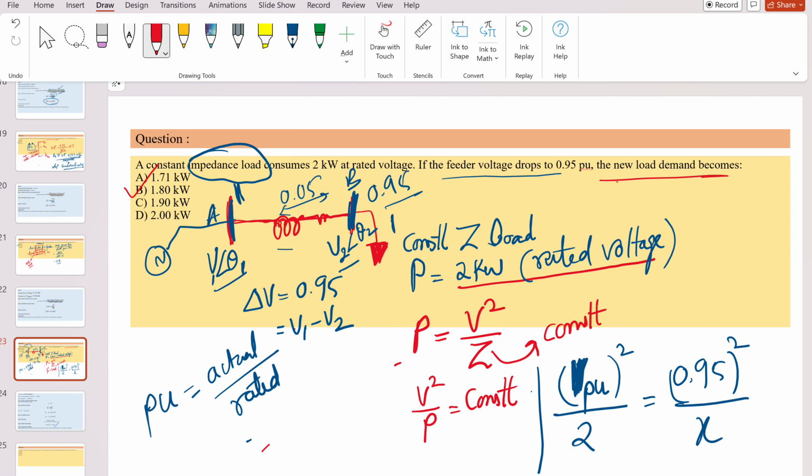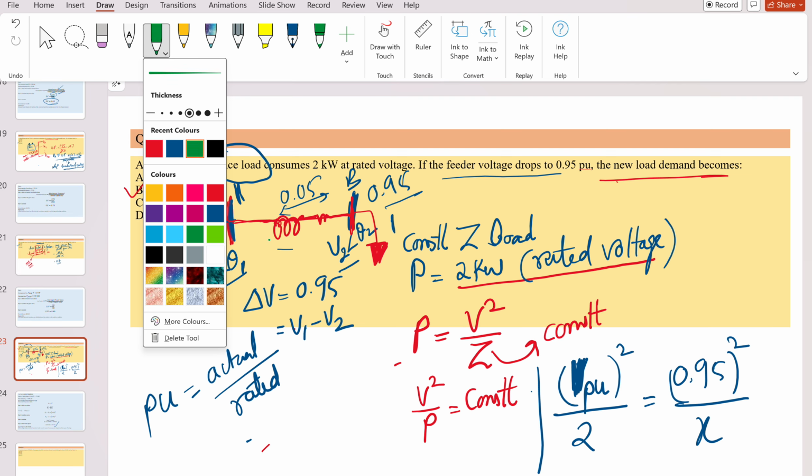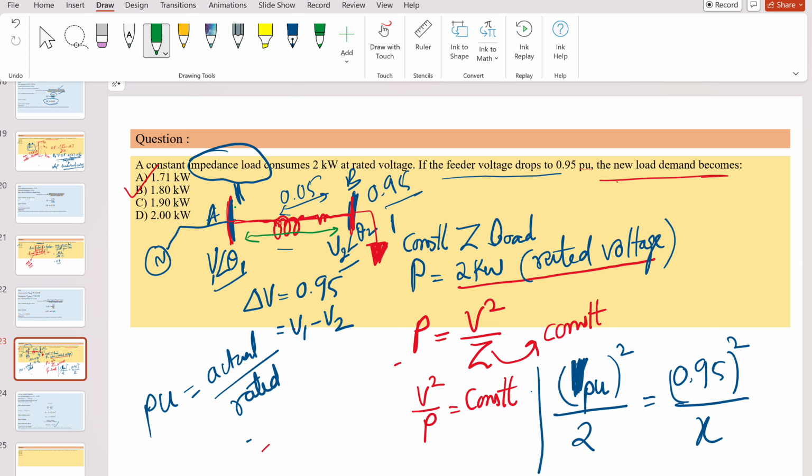If there is no drop in between, then 1 pu voltage will occur here also. But there is a drop here. This is 1 pu only because it is connected directly to the generating system, and then at the distribution feeder it became 0.95 because of the 0.05 drop in between.